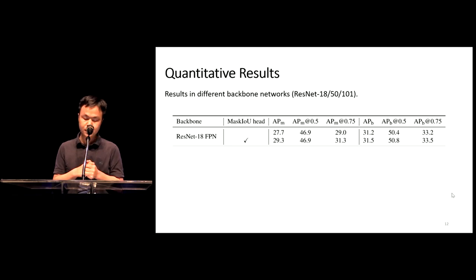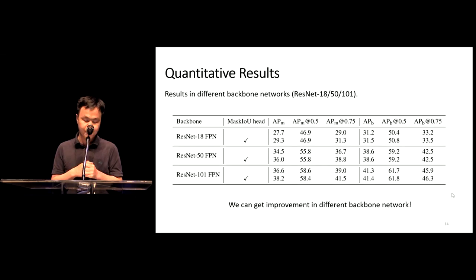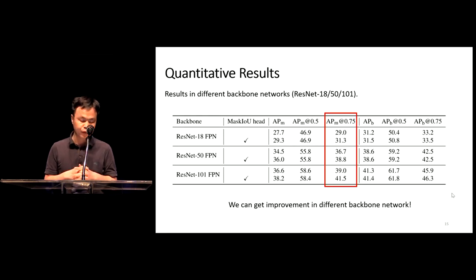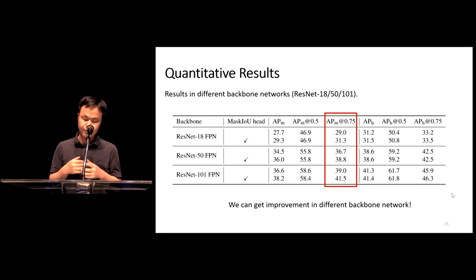We show our results on different backbone networks: ResNet-18, ResNet-50, and ResNet-101. As shown in the paper, we obtained about 1.5 mAP improvement, and especially at AP at 0.75, we have more than 2 mAP improvement.